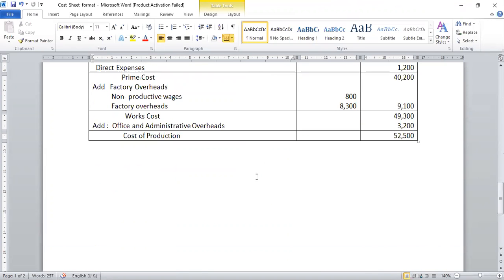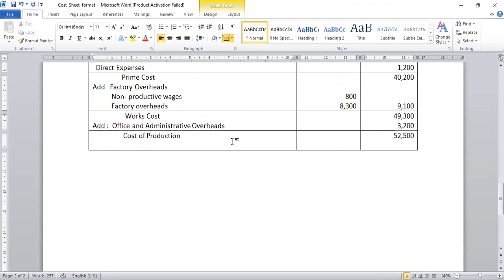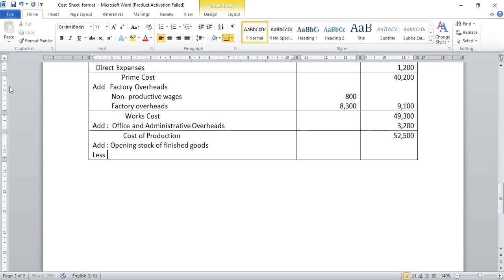So here I am going to write add opening stock of finished goods, less closing stock of finished goods.